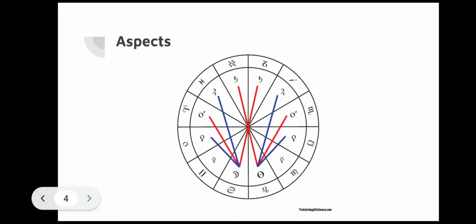I like this image of the aspects because it shows that when the aspects come from the light givers, the luminaries, the aspect is aspecting the home sign, the domicile of the planet that rules over the nature of the aspect. Okay? So that was really confusing.